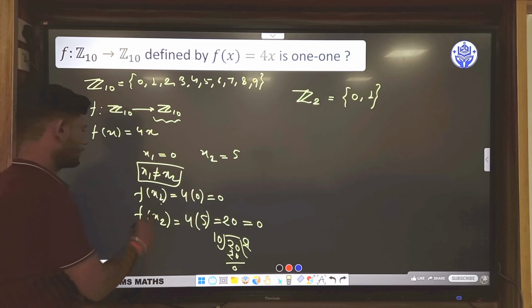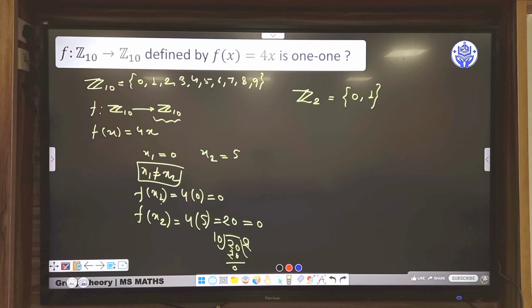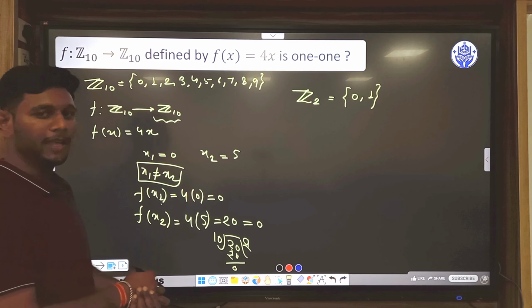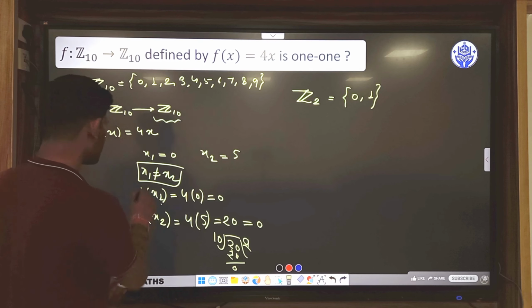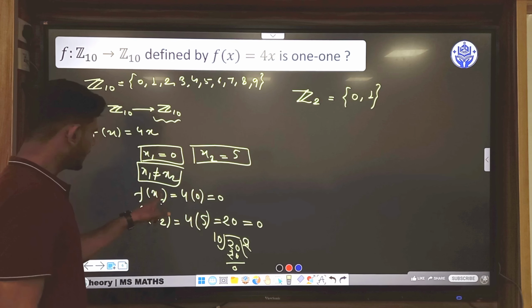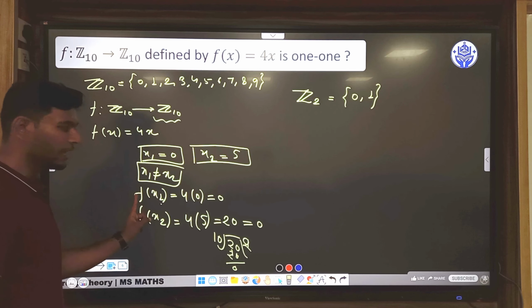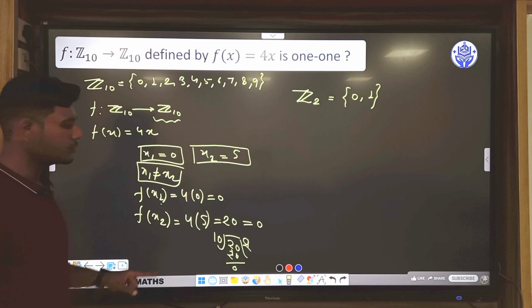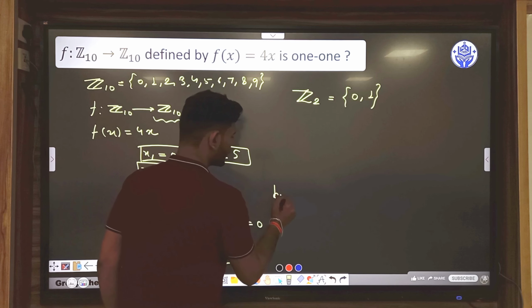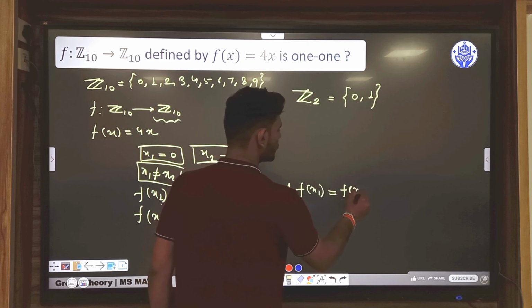But okay, my x1 is equal to this, x2 is equal to this, then it means that it is not a one-one function. It means my x1 is not equal to x2, so f of x1 should not equal f of x2, but here f of x1 is equal to f of x2.